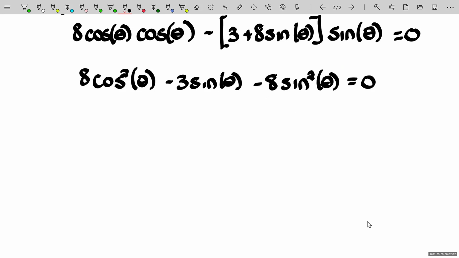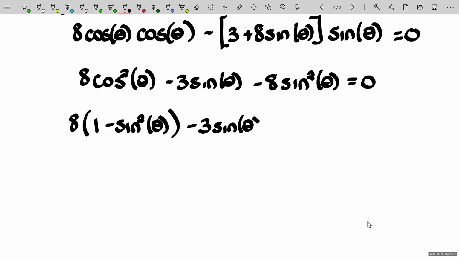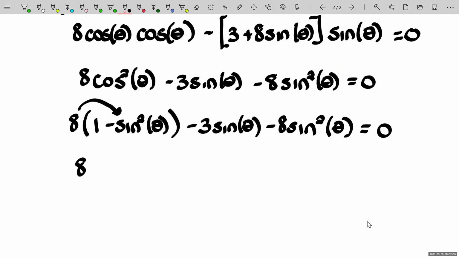Luckily, I know that cosine squared can be written as 1 minus the sine squared. I should double check as I go through this to make sure I'm not distributing something broken, but I think I'm pretty good. Now, distributing through, I get 8 minus 8 sine squared minus another 8 sine squared will be a minus 16 sine squared minus 3 sine of theta.